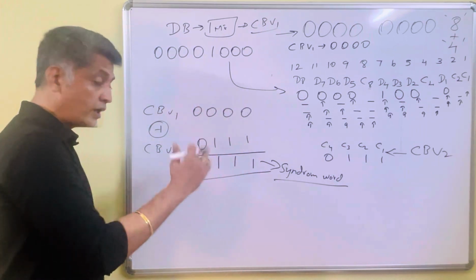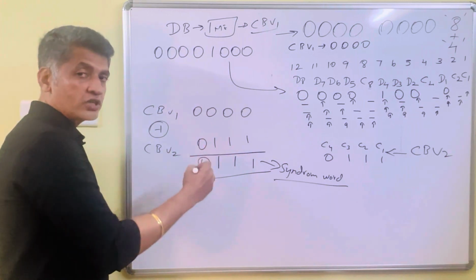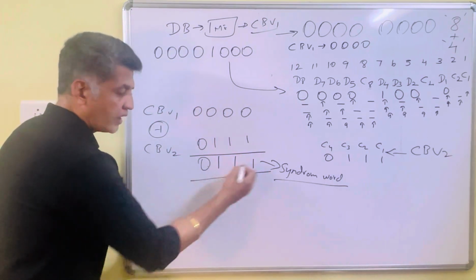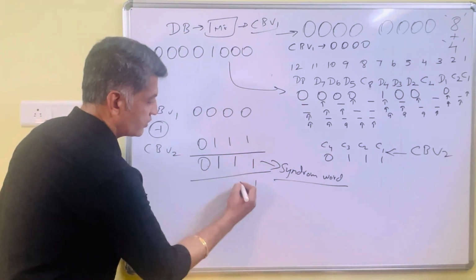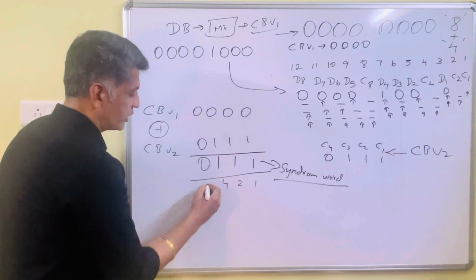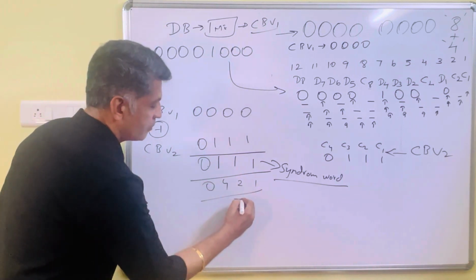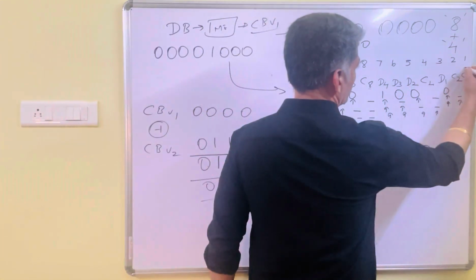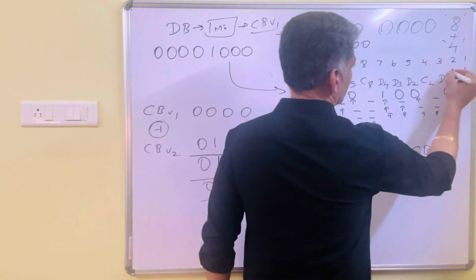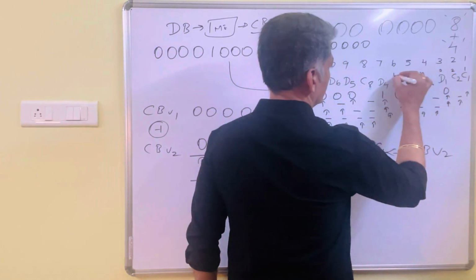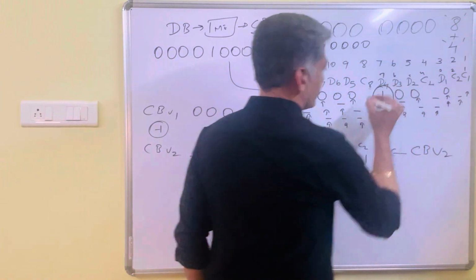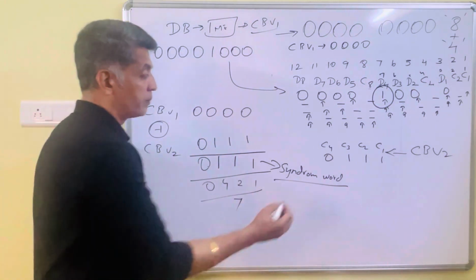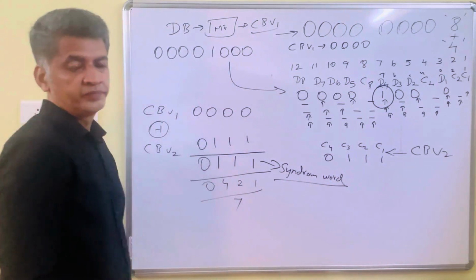Now if more than one bit position is one, that represents which location has the error. Now you just find out which location: this is 1, this is 2 and this is 4, right? Okay, 0. Now if you add them, that is bit position number 7. That is 1, 2, 3, 4, 5, 6, 7. Now this is the error.